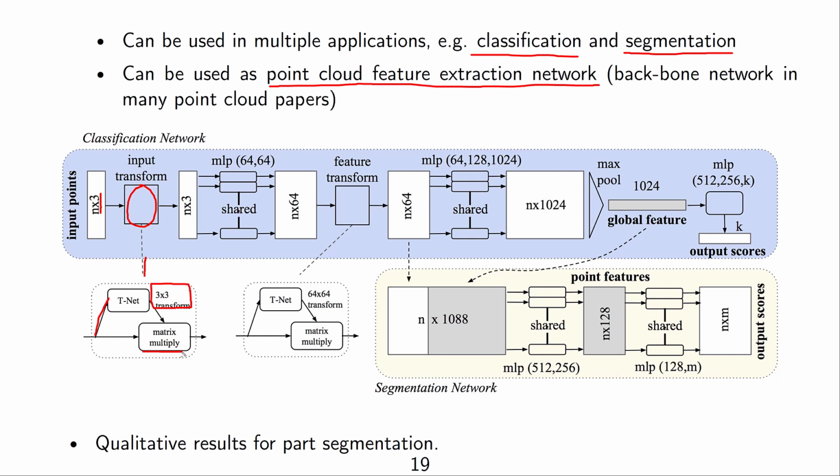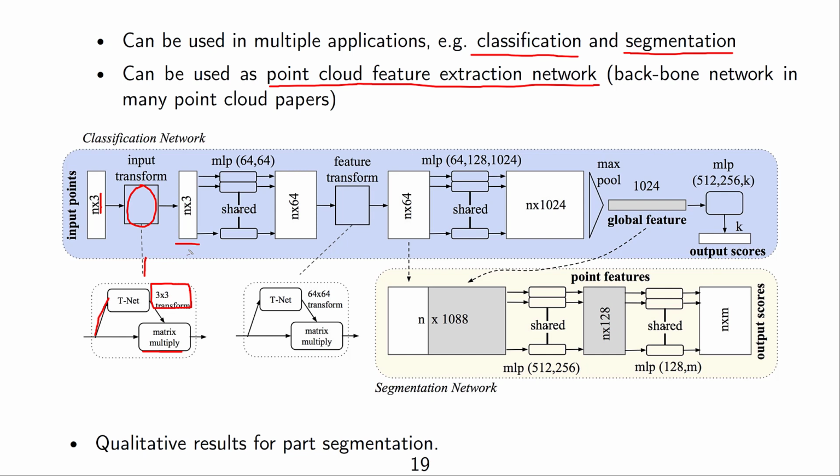So as output, you get another point cloud where each of the points has been transformed by this transformation matrix. So we get this transformed point cloud, and we still have n points. Each point has 3 dimensions. They're just located somewhere else in space now.